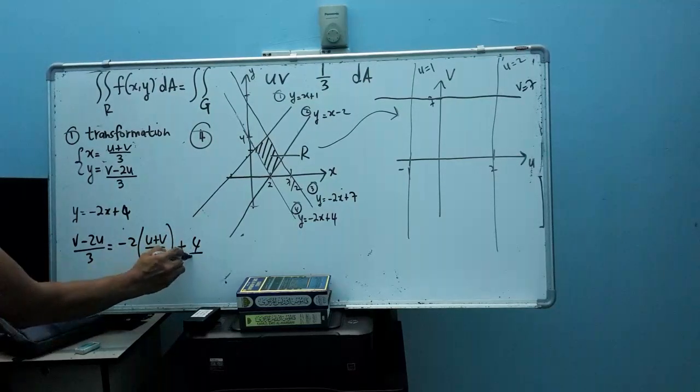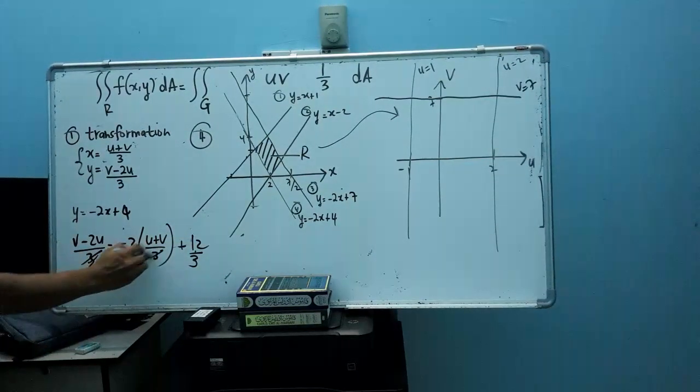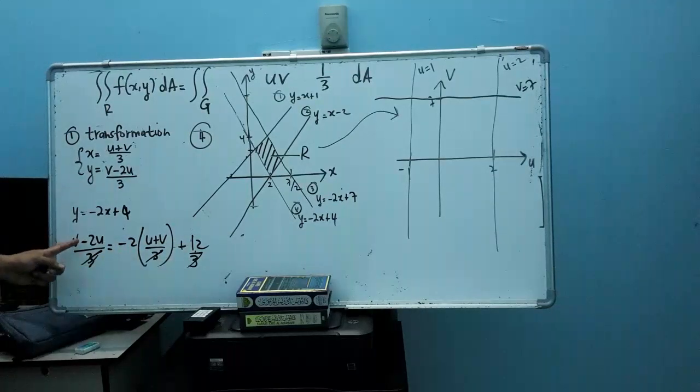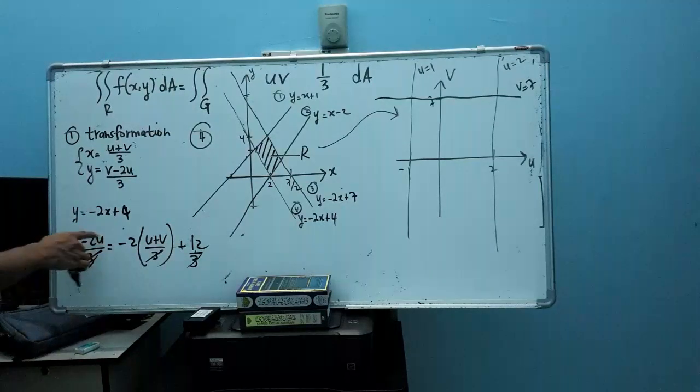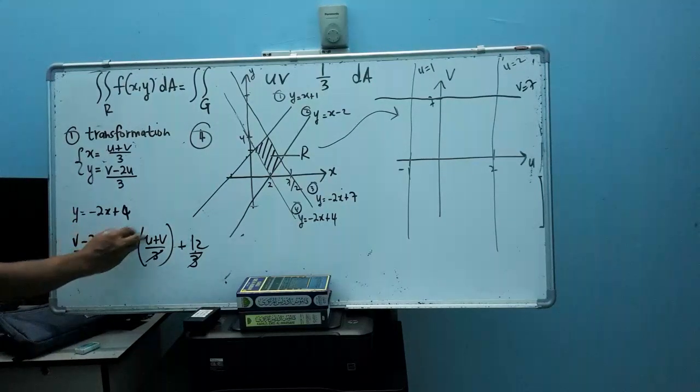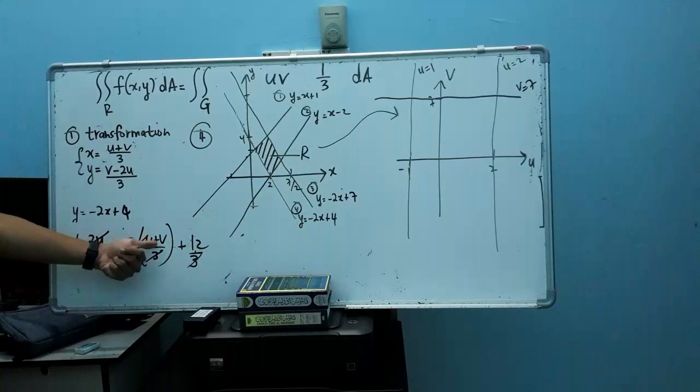But now I need to multiply by 3, so this one will be 12. So I can cancel this one. Now I have v minus 2u equals minus 2u minus 2v plus 12. So minus 2u here I will cancel. Now I only have v equals minus 2v plus 12.